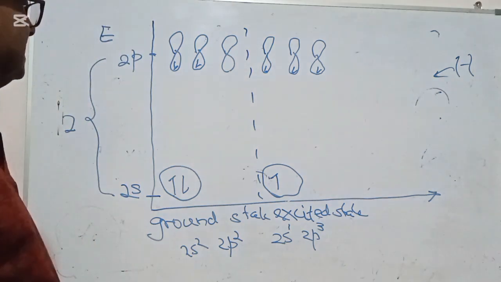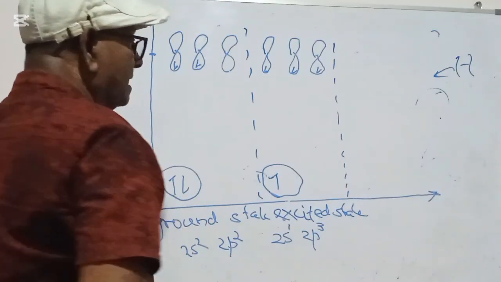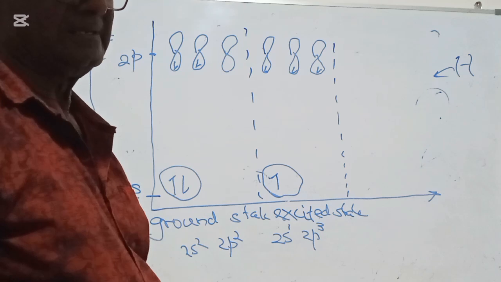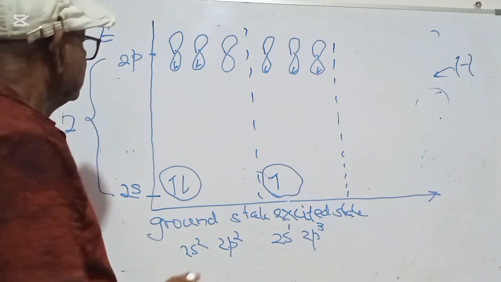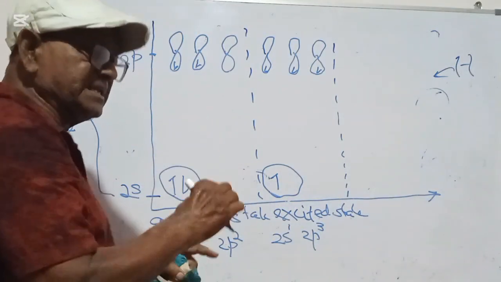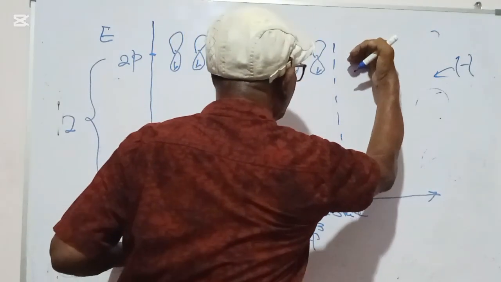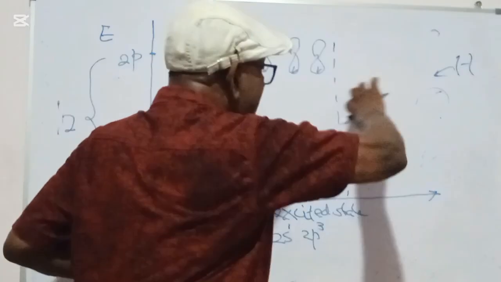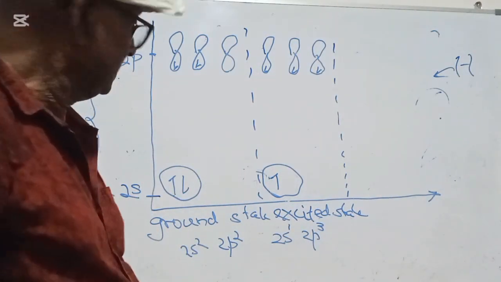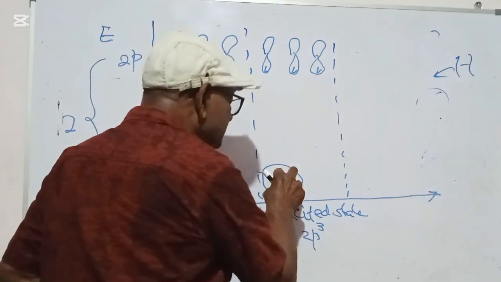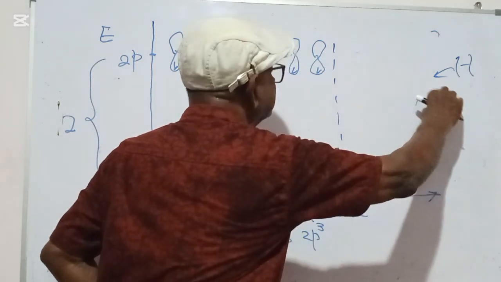Then after that, it comes to the hybridization state. So it is easy. These 3 orbitals come down a little, releasing energy. Right? Then this orbital goes up, gaining this amount of energy.